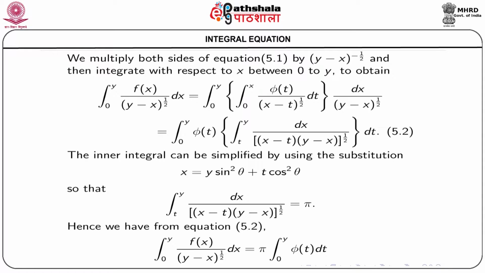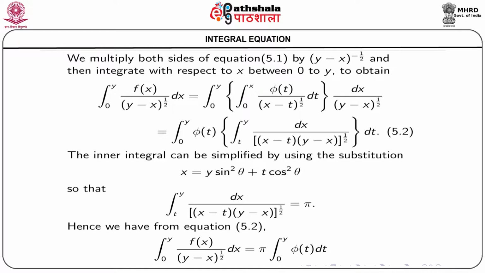This interchange of order of integration has been explained in chapter 1, module 2, and we use this standard method, where the t integral now becomes the outer integral and the x integral now becomes the inner integral. Range of t integral is from 0 to y and the range of x integral is from t to y.